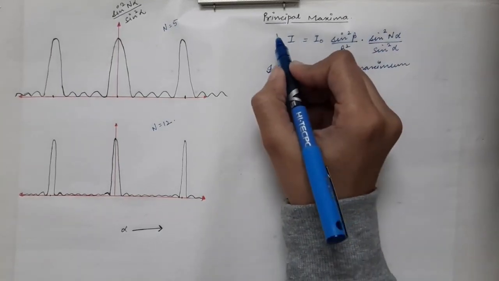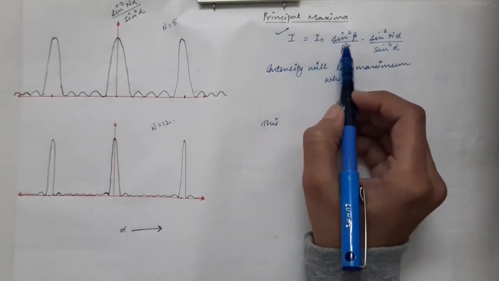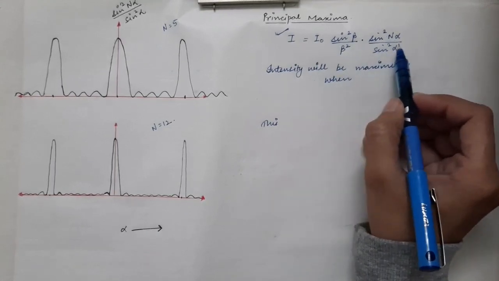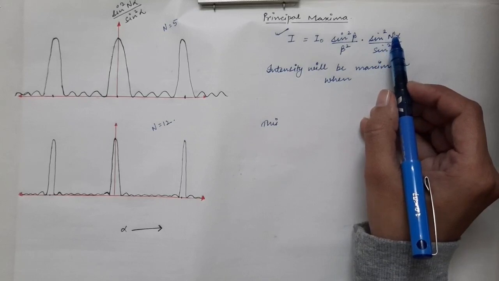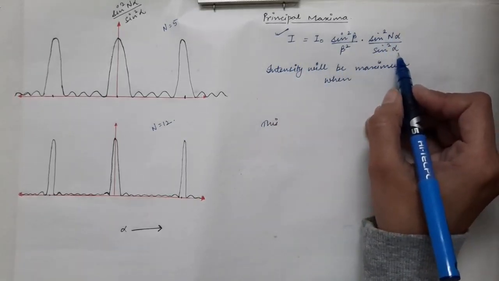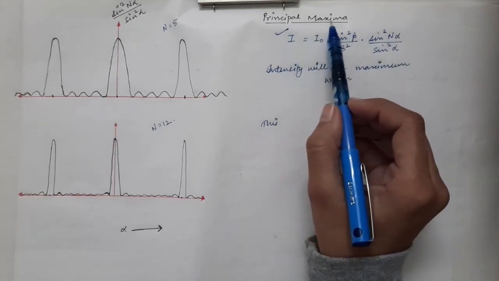So now we have written the general formula of intensity that we had seen, that it is equal to I0 into sine square beta divided by beta square into sine square n alpha divided by sine square alpha, where n is the total number of slits that we are using. Now in this formula, we are going to obtain the condition of principal maxima.